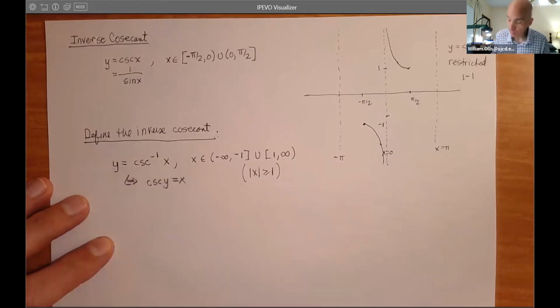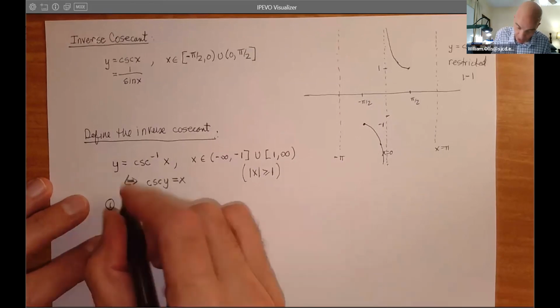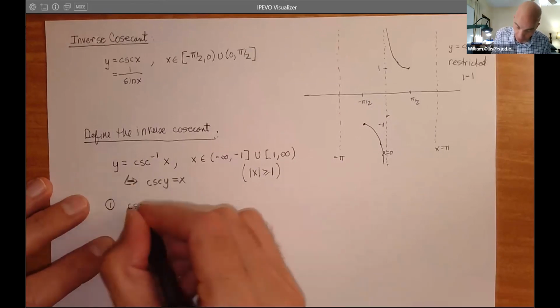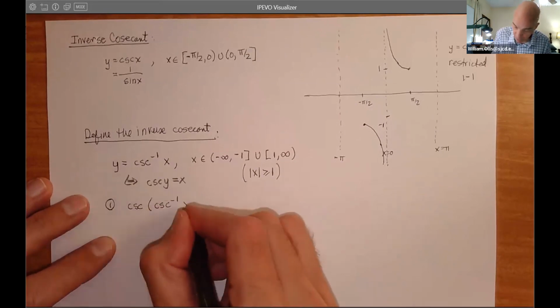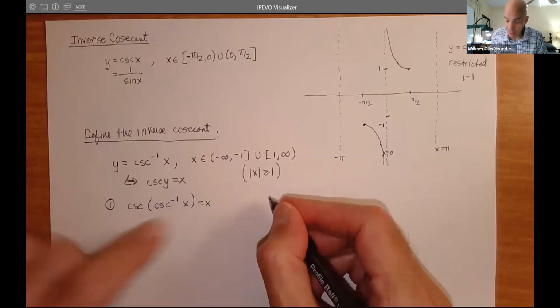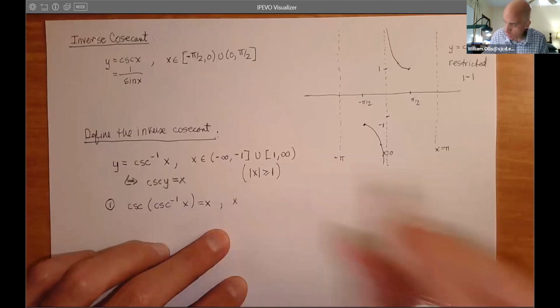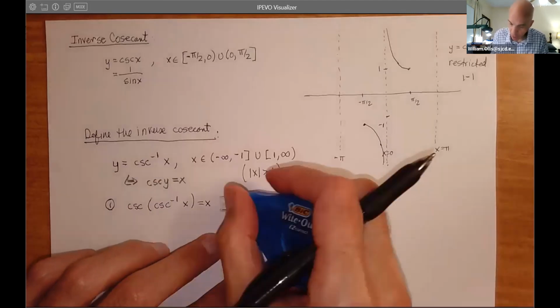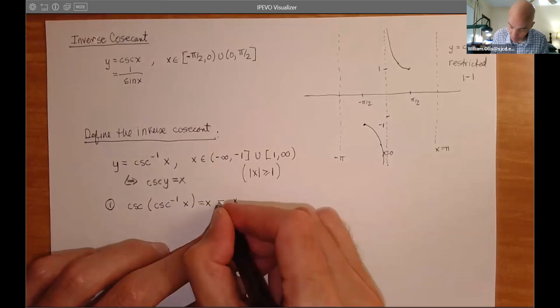They're interchangeable. So now, number one, the cosecant of the inverse cosecant of x equals x as long as we respect the domain, that is x if and only if. You can do if and only if or a comma. They're all really if and only if, but I've been writing them this way.